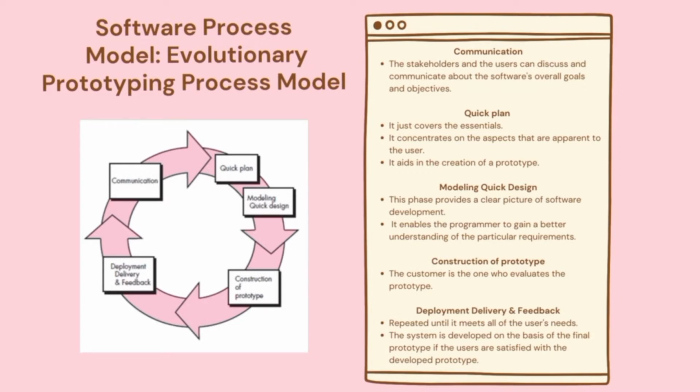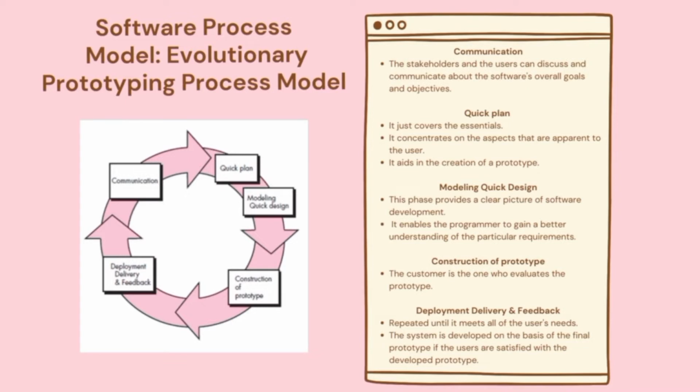Okay, then since the software is now established, the modeling quick design phase provides a clear picture of software development, and it enables the programmer to gain a better understanding of the particular requirements. For the construction of prototype phase, the customer is the one who will evaluate the prototypes.